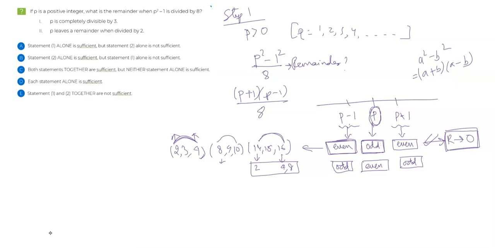Okay. In this case, when p turns out to be even, these two are odd. So now here you need to check whether you can get a unique answer or not. What you'll notice is that you don't get a unique answer. So for example, if I take 5, 6, 7, in this case 7 times 5, because this is p minus 1 and p plus 1, is 35. 35 divided by 8 gives you a remainder of 3. Okay, let's take 11, 12, 13.